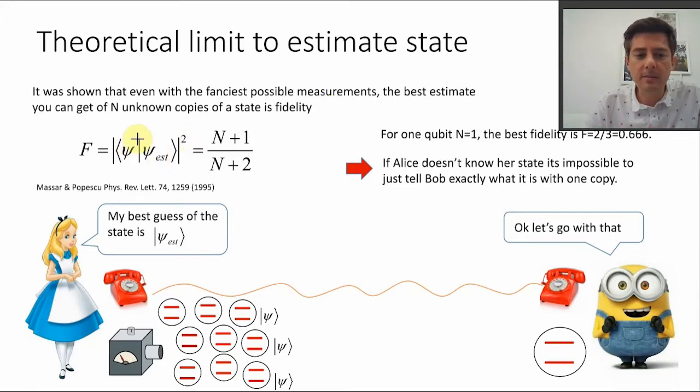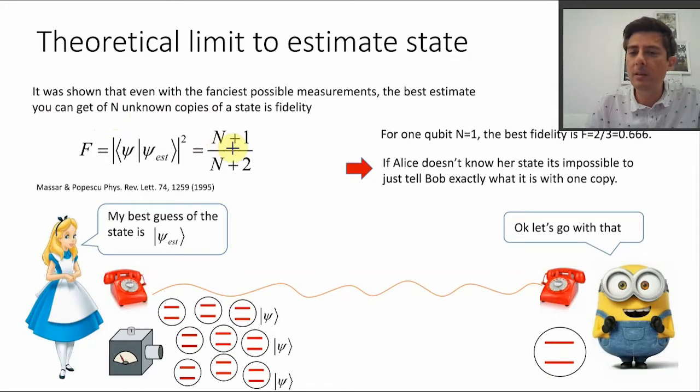So here's our unknown state psi. And if Alice has n copies of the same state, then with more and more copies of the state, she can narrow in on the actual state, right? So the more copies she's got, the better she can estimate the state. So n is the number of copies.